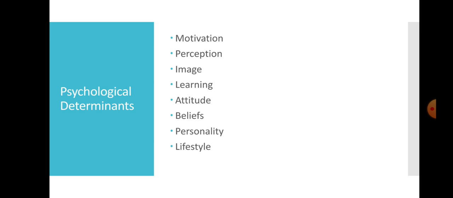Then the third step in the learning process is response. Response is the answer to a given drive or cue. Response represents a person's reaction to a cue within his environment. So, the individual has to choose some specific response in order to fulfill the drive and the cue which he has got from the environment.